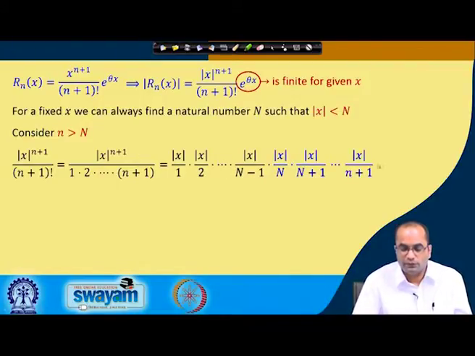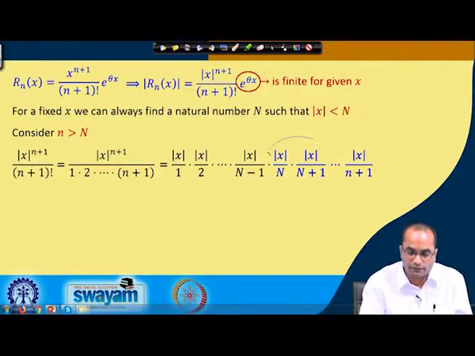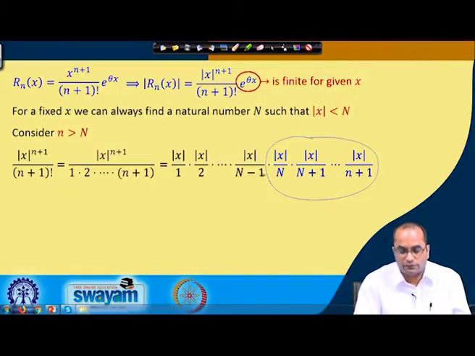We can continue. Now, just look at this term here, which appears after these N minus 1 terms. So, modulus x divided by N, here also the absolute value of x divided by N plus 1, and so on.